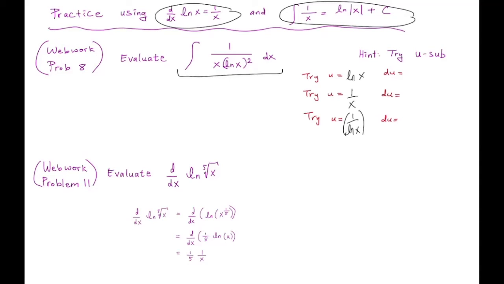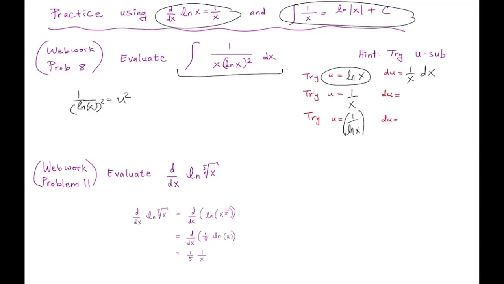So for the first one, du would be 1 over x dx. And actually that one looks good, because then I replace 1 over natural log of x with u. So the squared would be u squared.